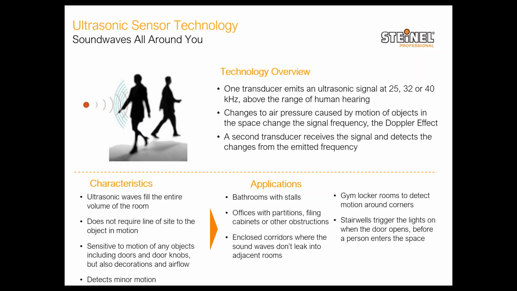So for hallways, the best solution is an ultrasonic sensor, because it gives you great coverage. And again, same as a staircase, before you even enter the hallway, the lights have already turned on, because as soon as you turn the door handle or you start opening the door, the sensor is picking up a change of pressure in the air, and it will trigger the lights.